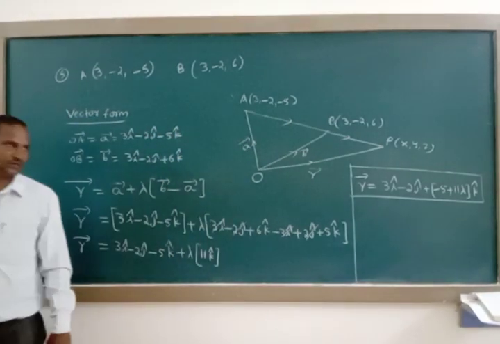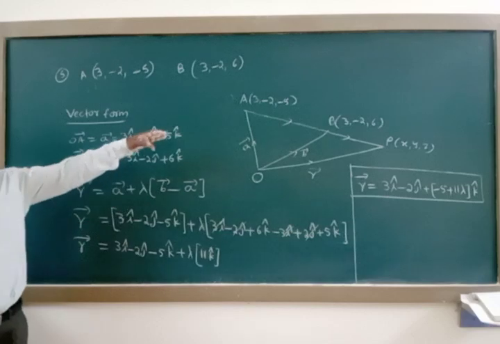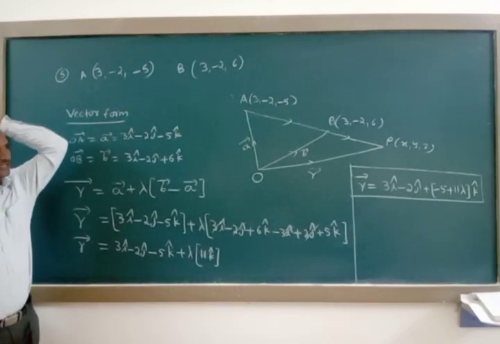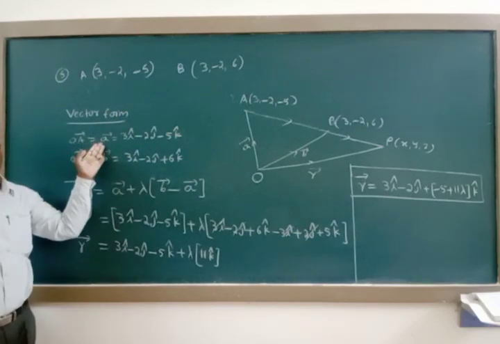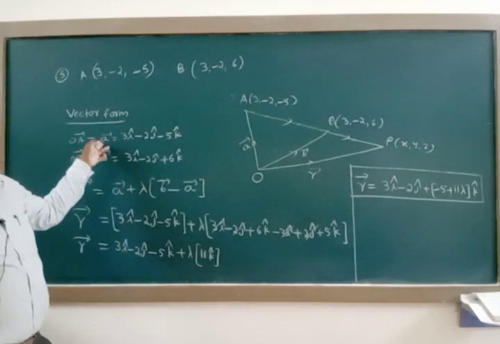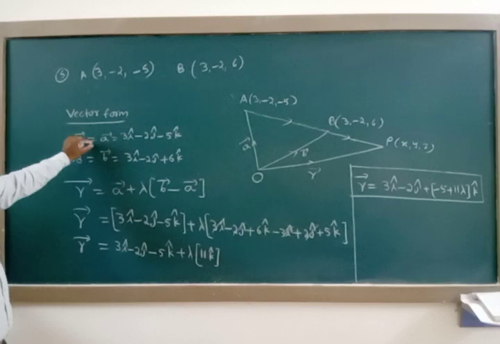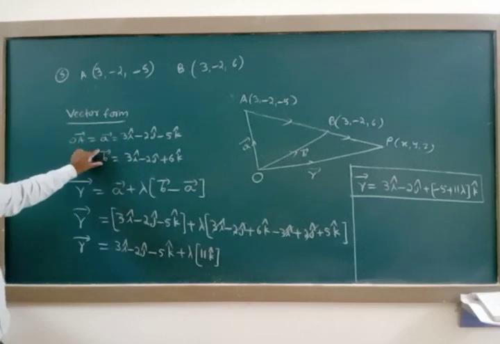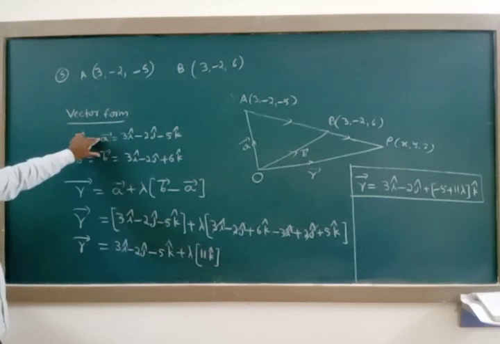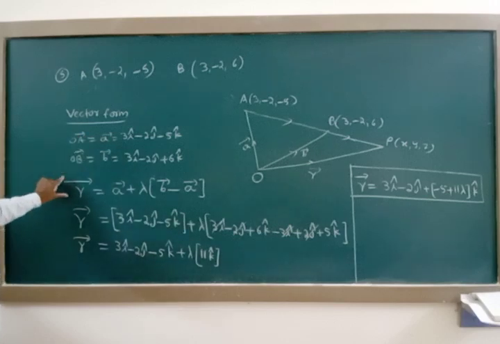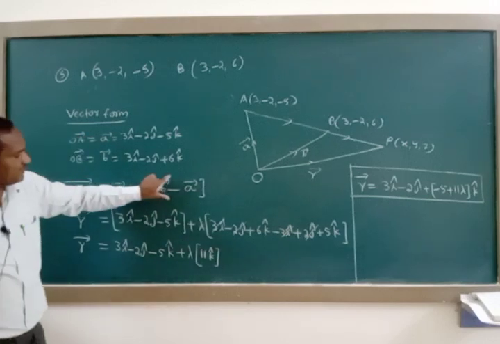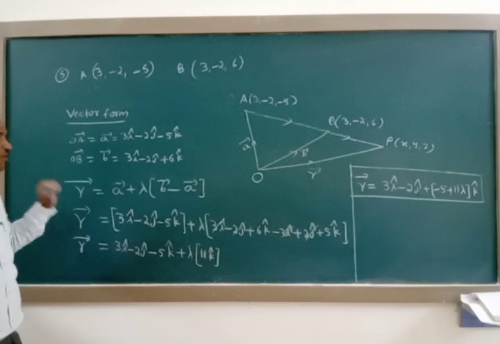Next one is the Cartesian form. From the given 2 points, we considered the position vectors of the 2 points capital A and capital B, so we consider A vector and B vector. After considering these two, substitute them in the vector form of the equation of a straight line passing through 2 points.